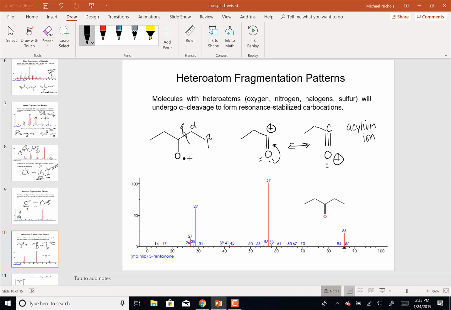When I see the loss of 29, I know it's got an ethyl group in it. When I see this as the major peak in the compound, I'll say, well, that's going to be an acylium ion that weighs 57, and it would have that structure. For simple molecules, it's easy to produce, but not so much for complicated molecules. So that's the alpha cleavage for that ketone.